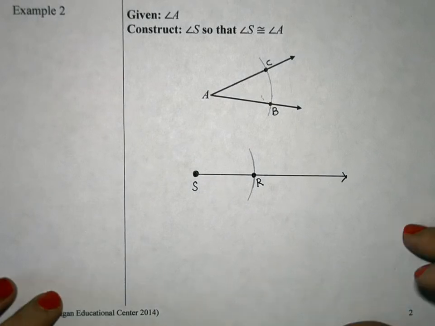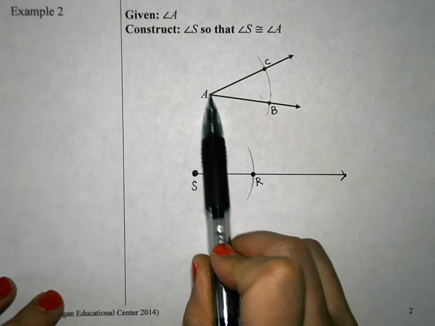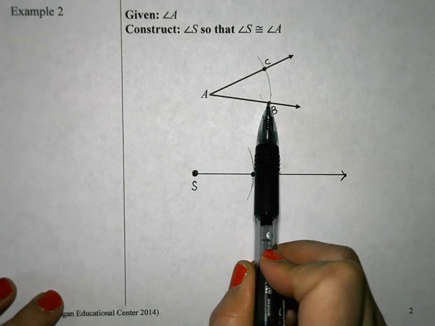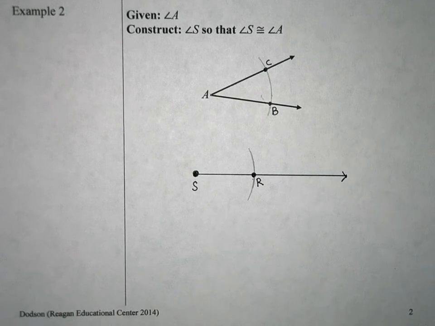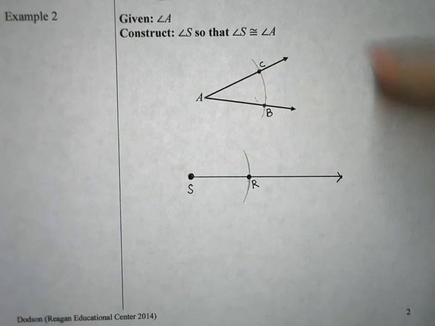So now we have segment SR, and it's actually congruent to segment AB or segment AC because we just did congruent segments a few minutes ago. So I have the bottom part of my angle is congruent. The last thing I need to do is make sure that I can draw a second ray so that the openings are congruent.